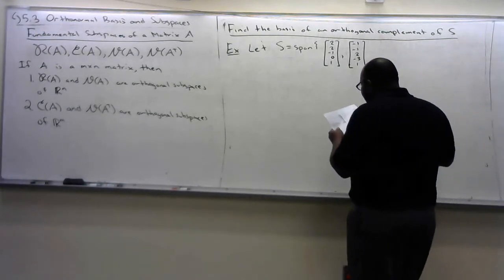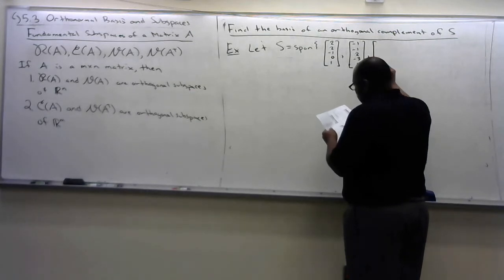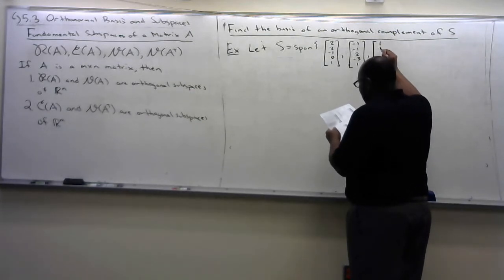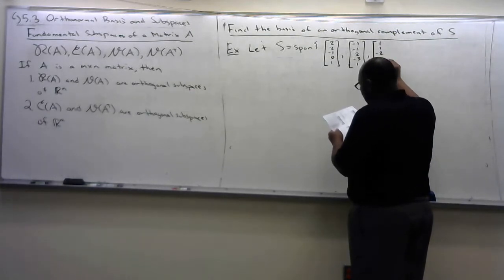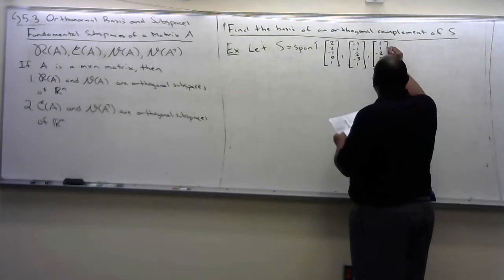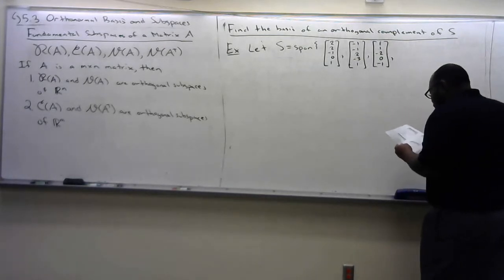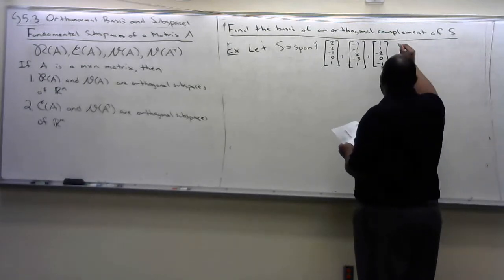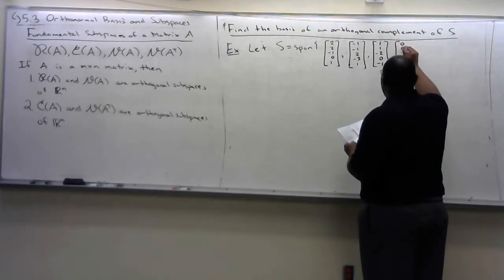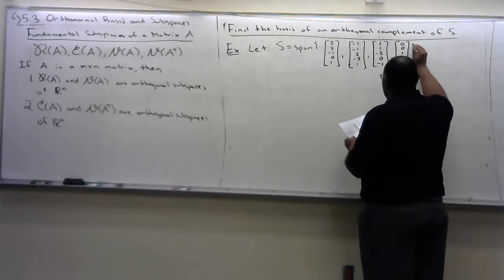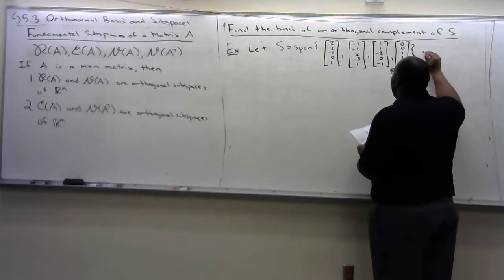And then I have here 1, 1, -2, 0, -1. And the last one I have is 0, 0, 1, 1, 1. And this is in R5.